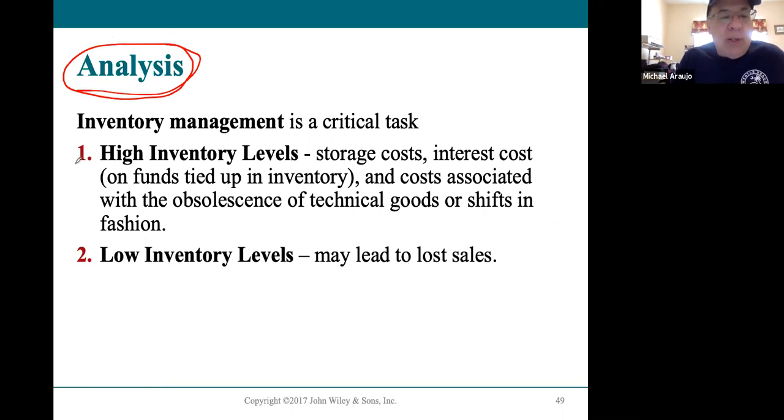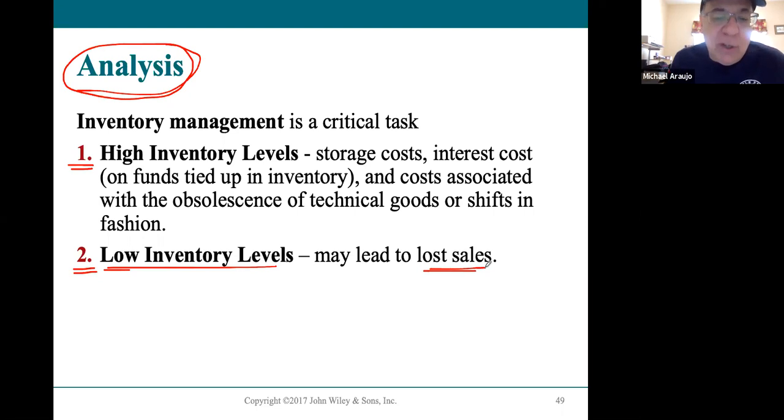So it's important to understand that inventory is the reason retail stores exist, okay? The reason they exist is to sell their merchandise. And so it's critical to understand that if you walk into a store and they don't have what you need, right, you're going to be pretty upset at that store.